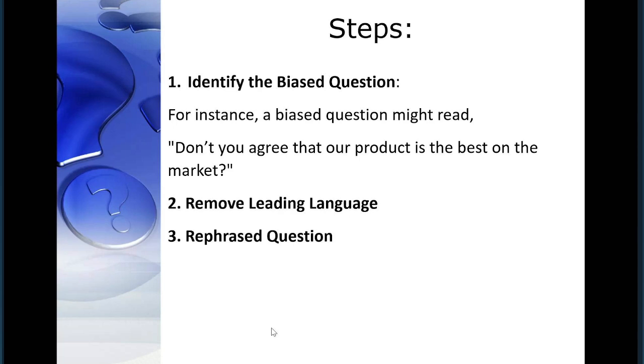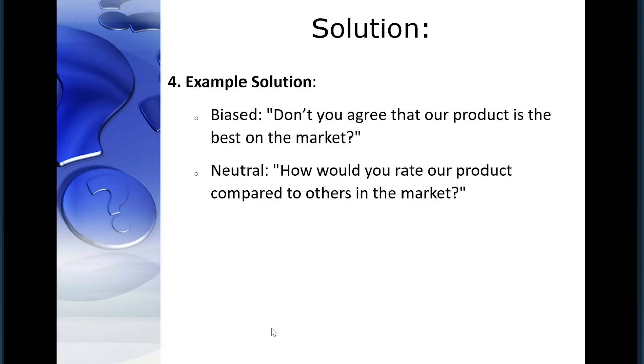How would you rate our product compared to others in the market? So you can see the example solution of a biased and a neutral question. So the revised question eliminates any leading language, allowing respondents to provide a more honest evaluation of the product.